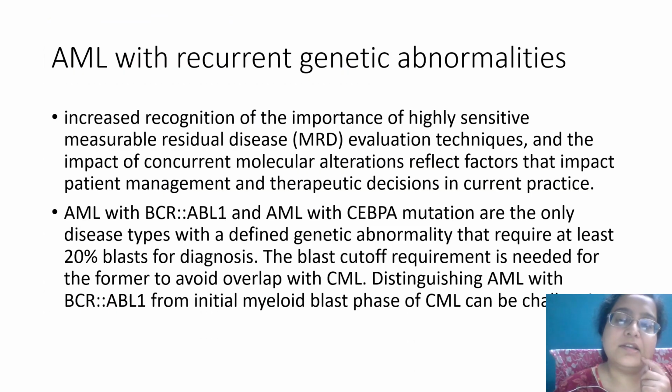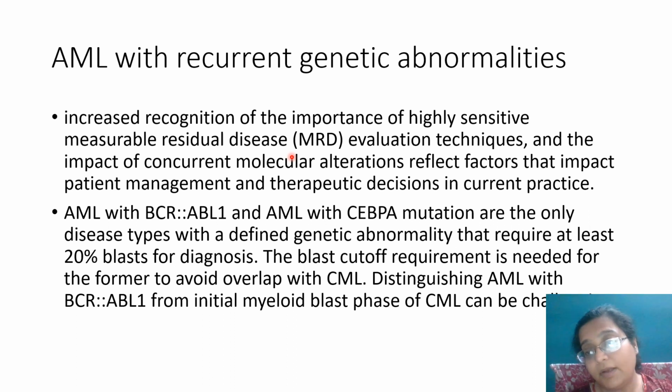So AML with recurrent genetic abnormalities: there is increased recognition of the importance of highly sensitive MRD. It means sometimes you get AML where morphologically or by flow cytometry you're not getting blasts, MRD is negative, but the AML still recurs after some time because of the genetic abnormality.